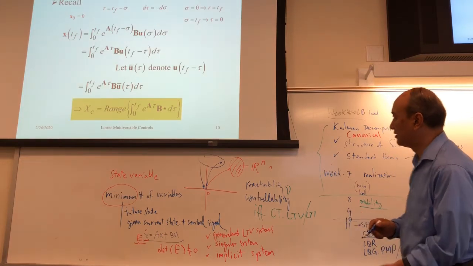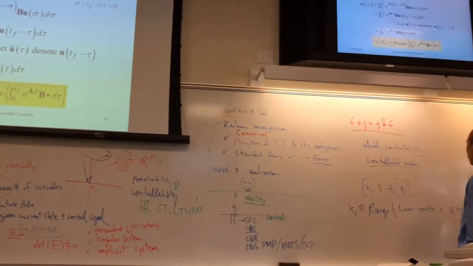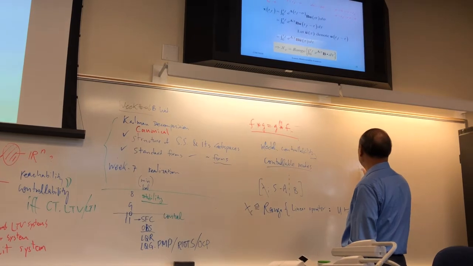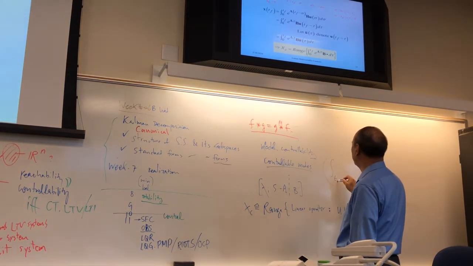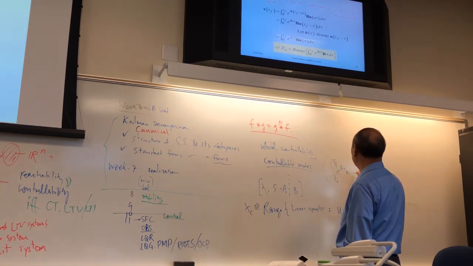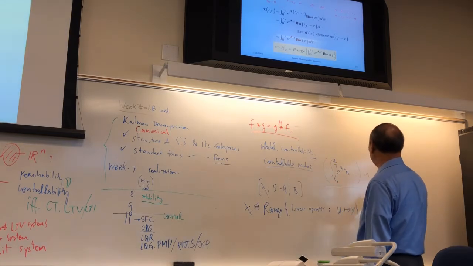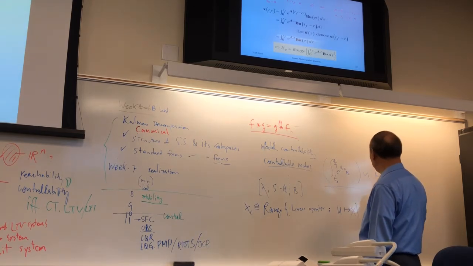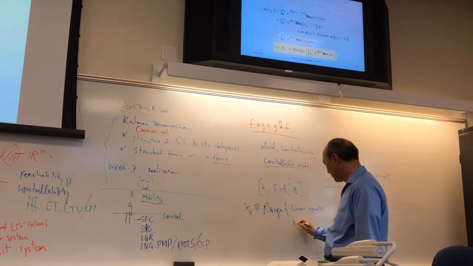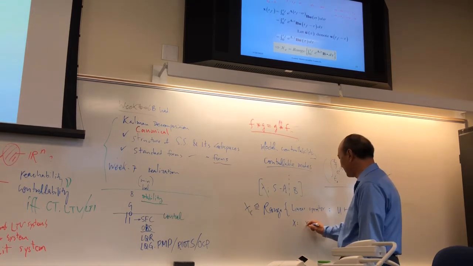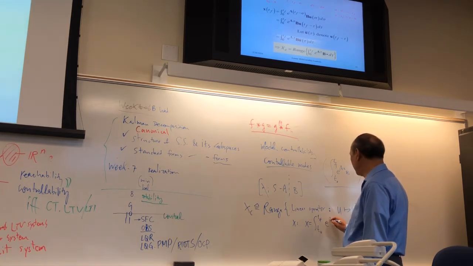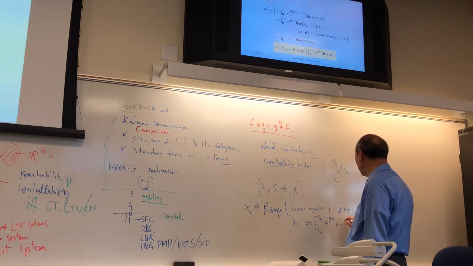So this range is basically you have a U, then it's operated by this thing, from T0 to TF, you have the e to the A tau, and B. And this one will give me X. So all the X together, X equals the integral from T0 to TF of e to the A tau, B, U, t, d tau.